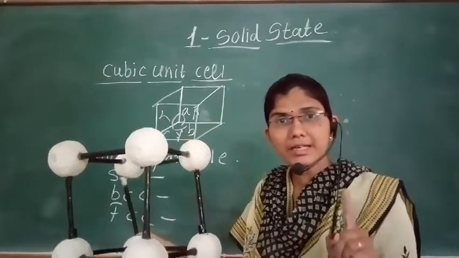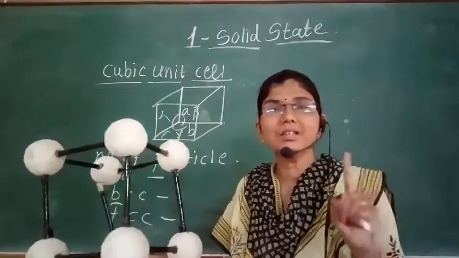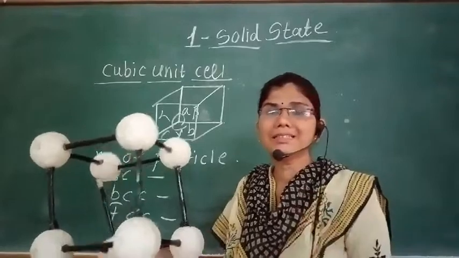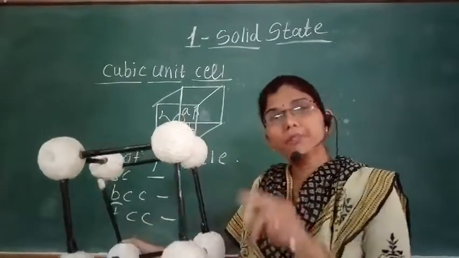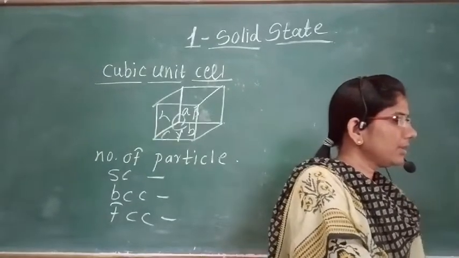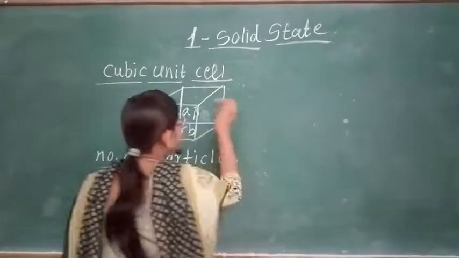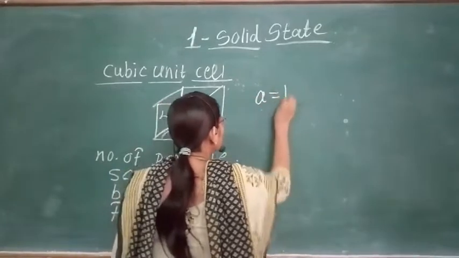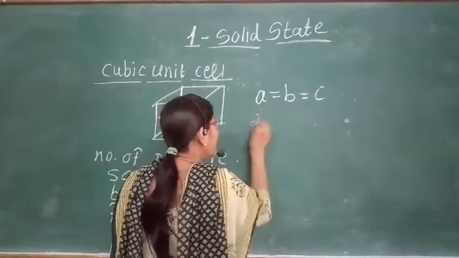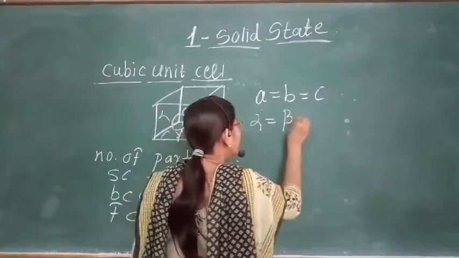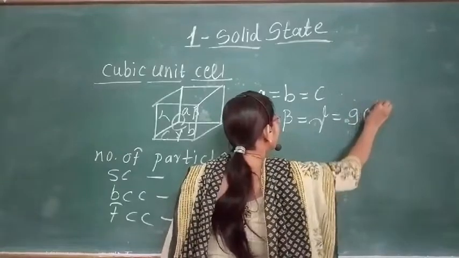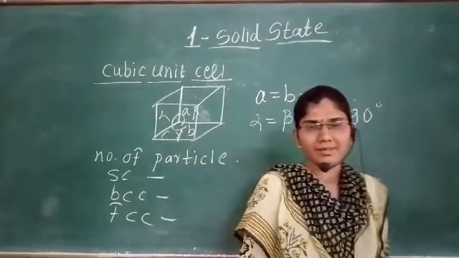So dear student, out of these 7 unit cells, we have to remember only the cubic unit cell, for which a equal to b equal to c, and alpha equal to beta equal to gamma, which is equal to 90 degrees.